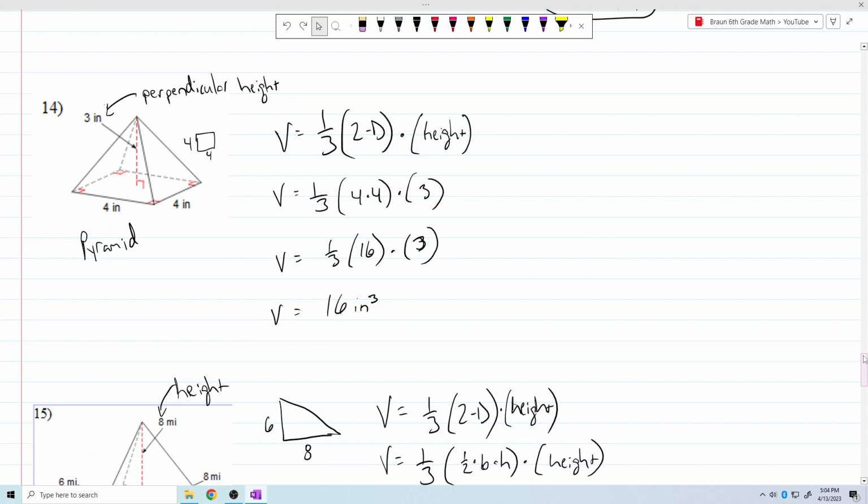Now we're getting to the pyramids, which I said I'll mention a little bit more. So the formula of a pyramid, again, you don't necessarily have to know the full details of it, but understand it is 1/3. The 1/3 has significance, right?